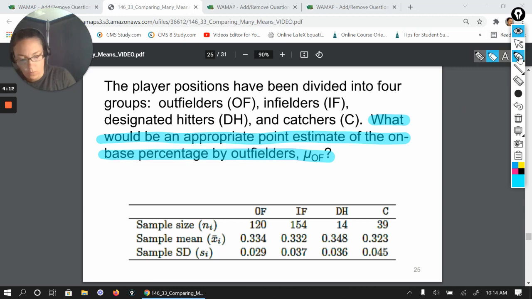Well, if we look at this table, we can see that 0.334 is the sample mean. So this is X bar of the outfielders. And so we would use this as our point estimate for the outfielders.